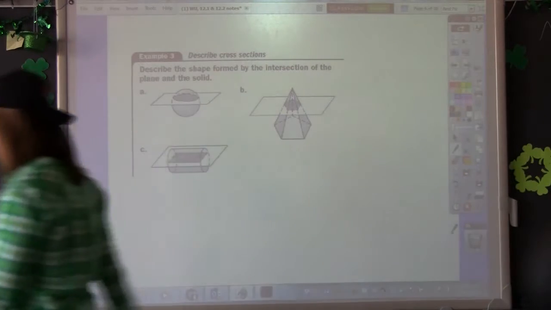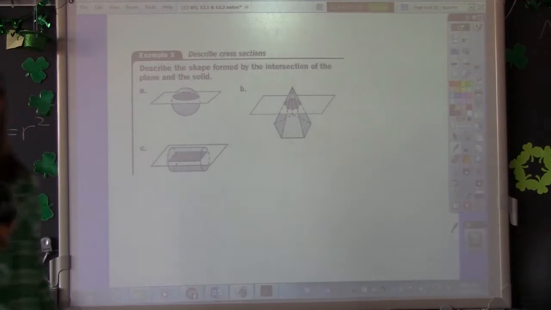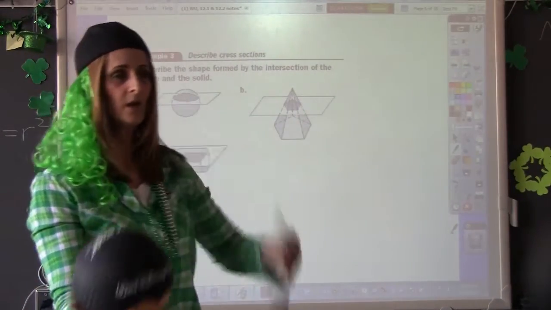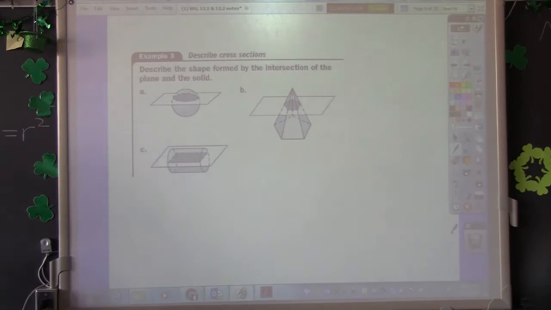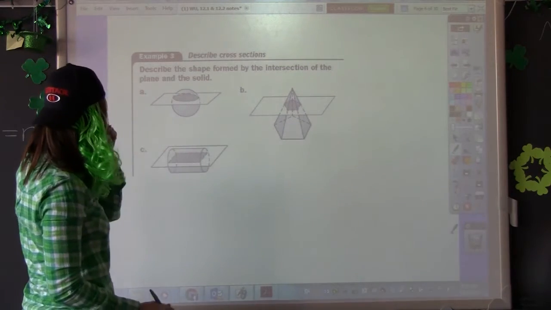All right, so where's my ball? You take a sphere and you cut it through with a plane. What shape is that going to create? Semicircle. In this figure, it does look a little bit like an ellipse.